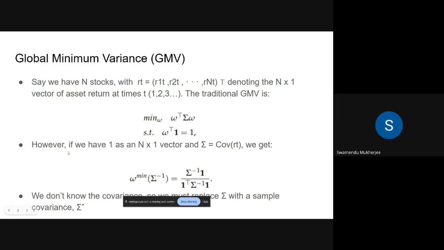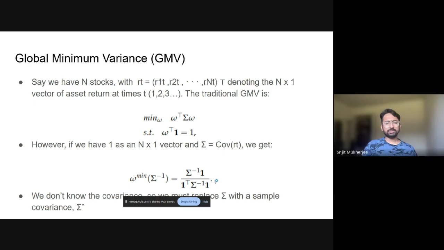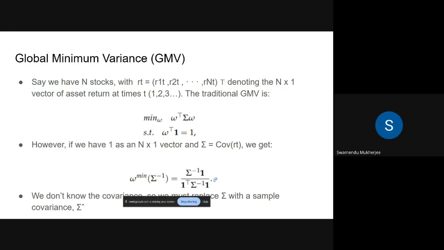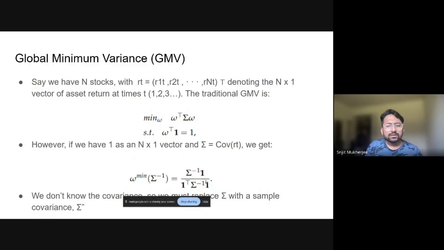So if we have 1 as an n by 1 vector and sigma as our covariance, we get this. I'm not exactly sure about this. They are saying that the solution comes out to be this mathematically.